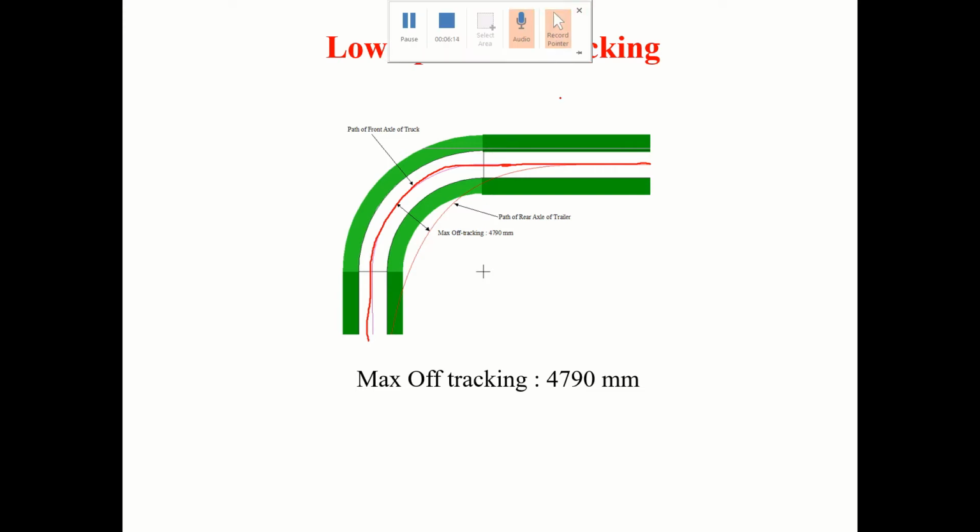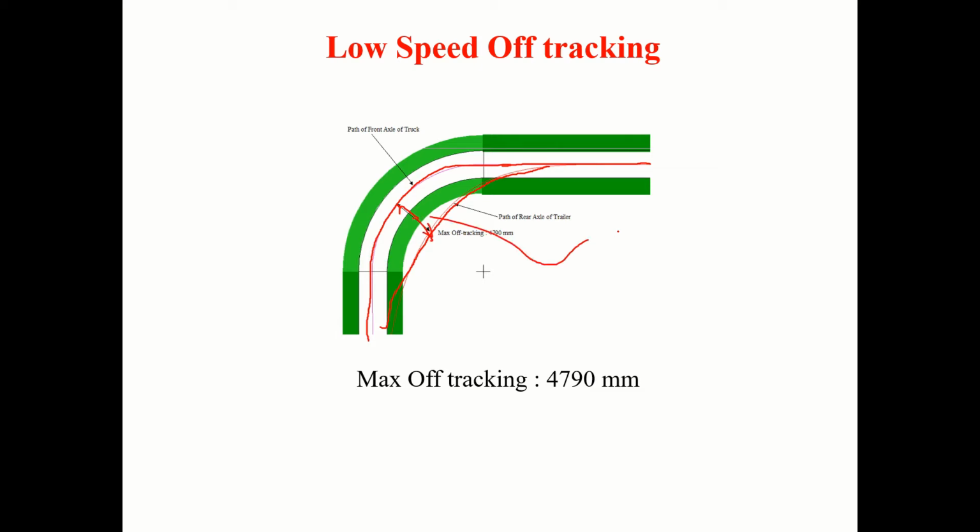In low speed turning, the front wheels will follow this path. The rear wheels will not follow this path. Instead of that, they trace this path. Okay, this distance is what we call off tracking.